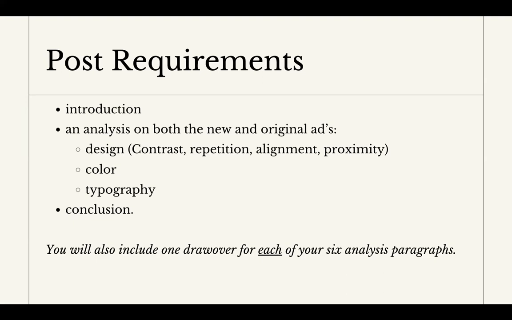You will also create one drawover for each of your 6 analysis paragraphs. So you should have at least 6 drawovers in your blog post as a whole. Some of the paragraphs have specific requirements, so make sure you read through the instructions thoroughly. And as usual, when you're finished, you will submit it as a link and as a PDF screenshot of your blog post.